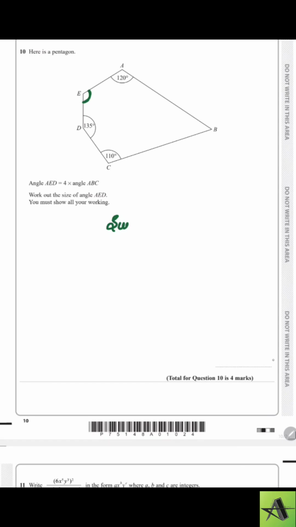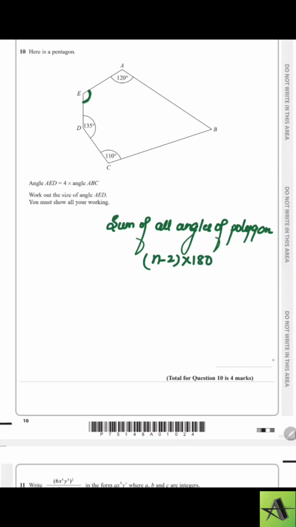So the formula is sum of all angles of a polygon is n minus 2 times 180. Now depending on what kind of polygon it is, you will get the sum of angles. Take an example of a triangle. There are 3 sides.